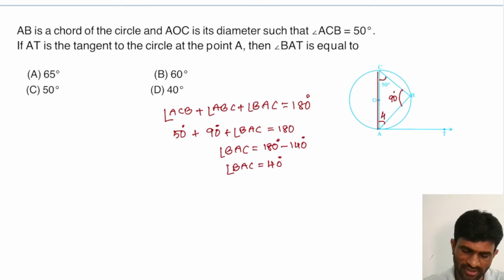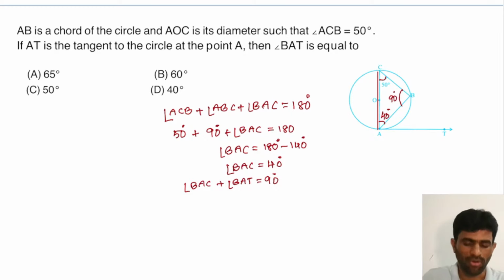We want angle BAT. BAT is not 40 degrees. Now see, angle BAC is 40 degrees. We want angle BAT. We know angle BAC plus angle BAT is equal to 90 degrees. Already angle BAC we got 40 degrees. So 40 degrees plus angle BAT is equal to 90 degrees.